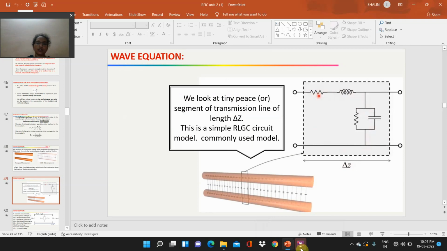So we look at a tiny piece or segment of transmission line of length delta Z. This is a simple RLGC circuit model, a commonly used model. So this circuit looks like this.